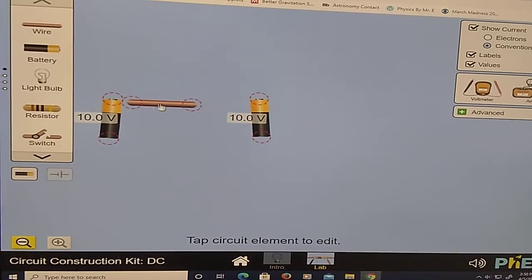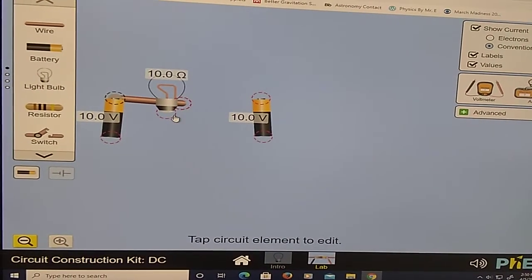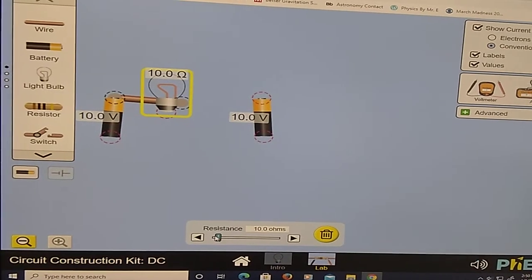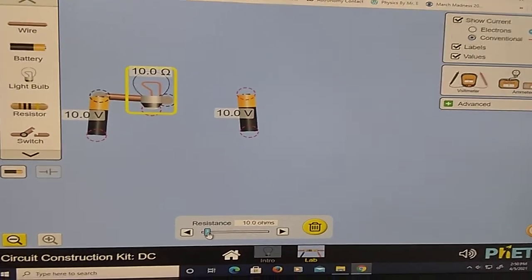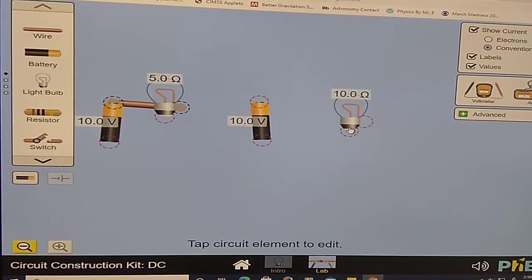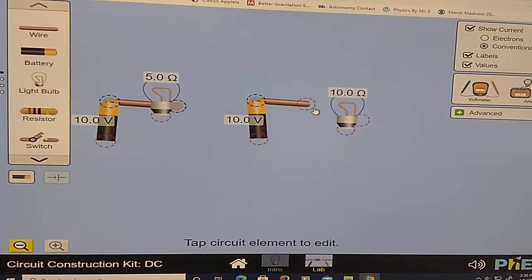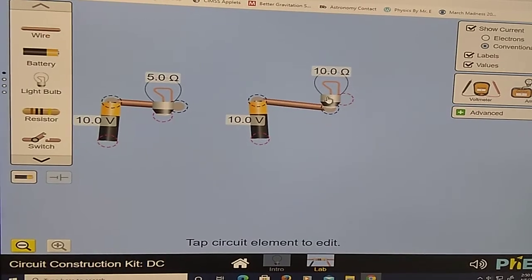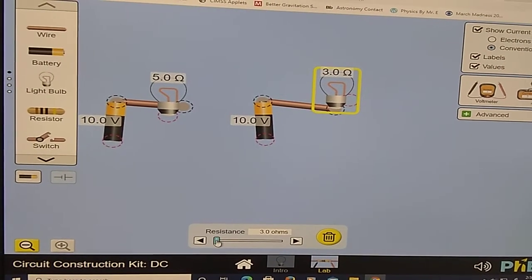These are going to be connected to bulbs. There's our bulb. This resistance is going to be the 5 ohm, excuse me. This will be the 2.5.